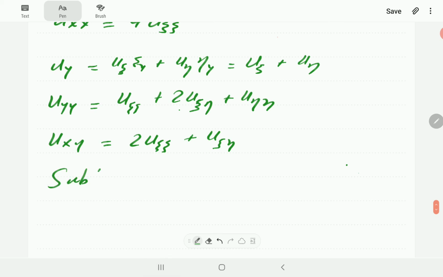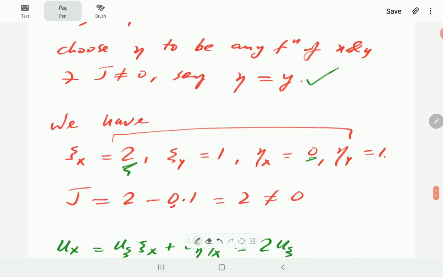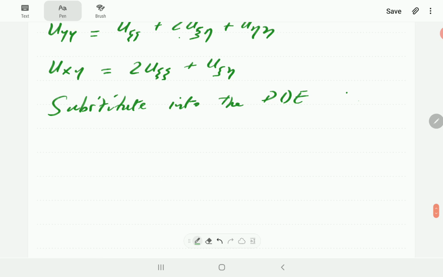So the PDE is uxx minus 4uxy plus 4uyy equals e to the y.